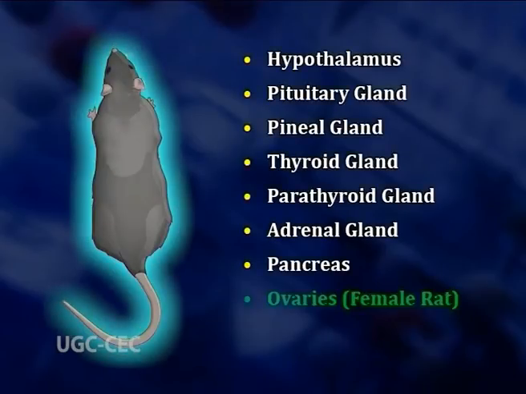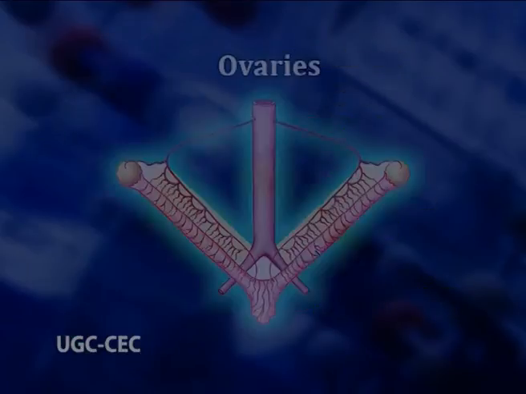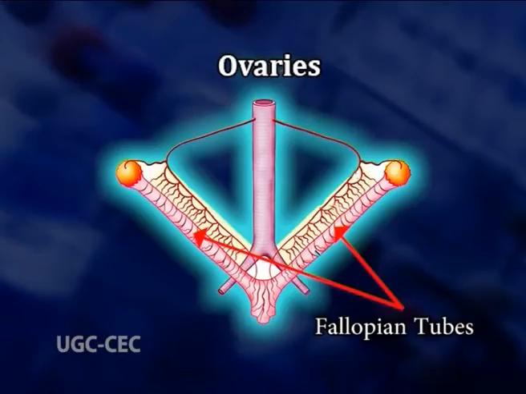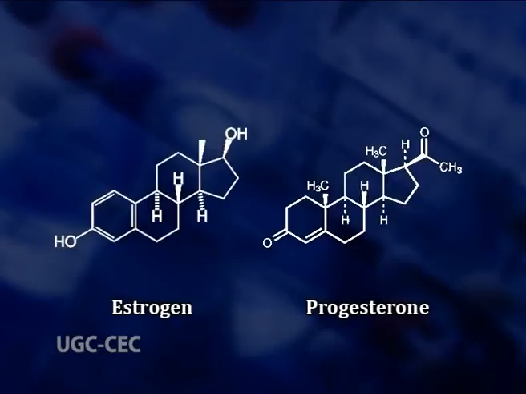Eighth is ovaries. The rat ovaries are located on both sides of the uterus below the opening of the fallopian tubes. They are oval or almond shaped. The ovaries produce estrogen and progesterone. These two hormones affect many of the female characteristics and reproductive functions.